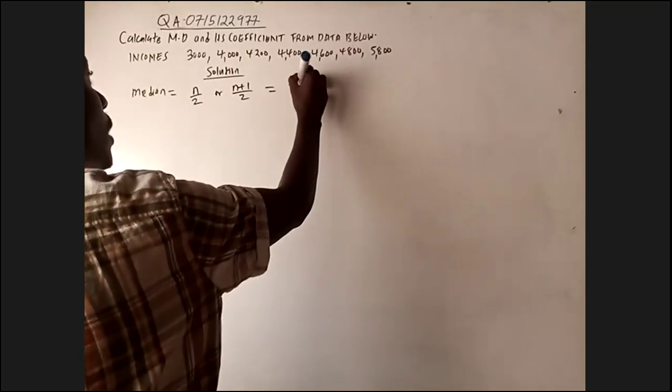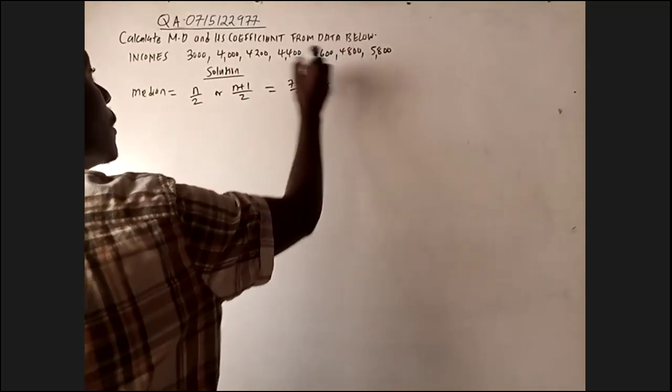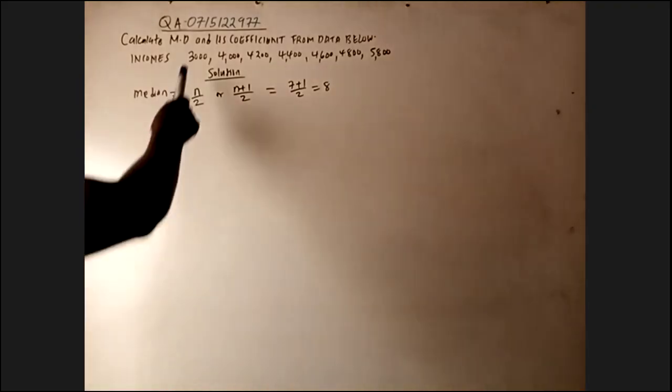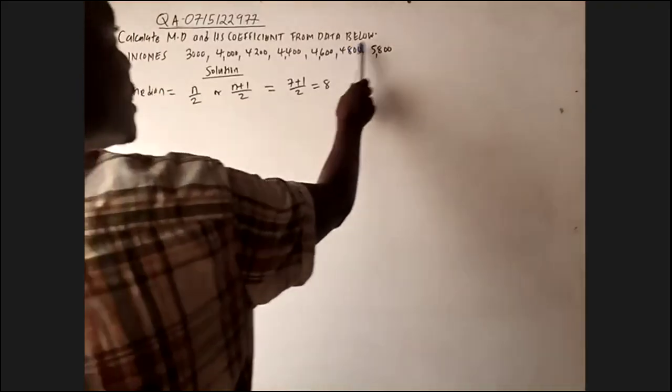So 7 plus 1 over 2, which is 8. Then we rearrange the figures from smallest to the largest? They're already in that order. So we go in that order to count. 8. 1, 2, 3, 4, 5, 6, 7.